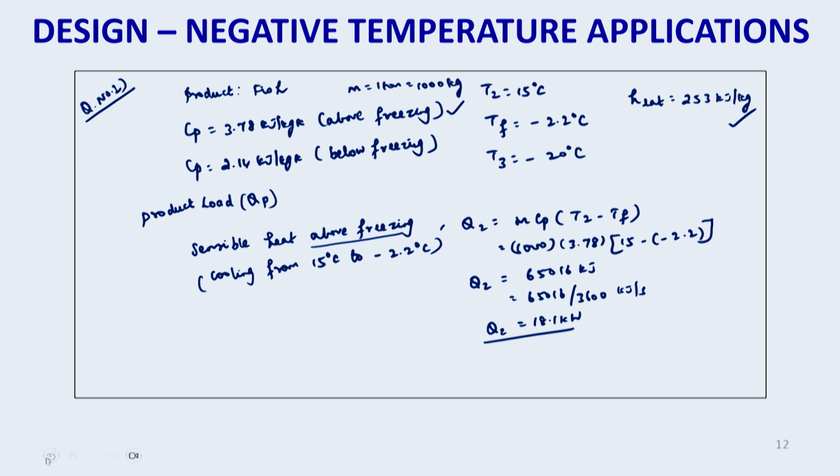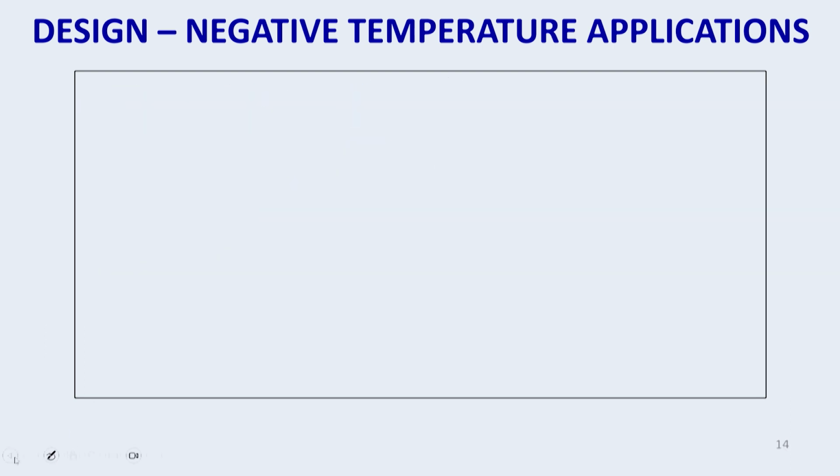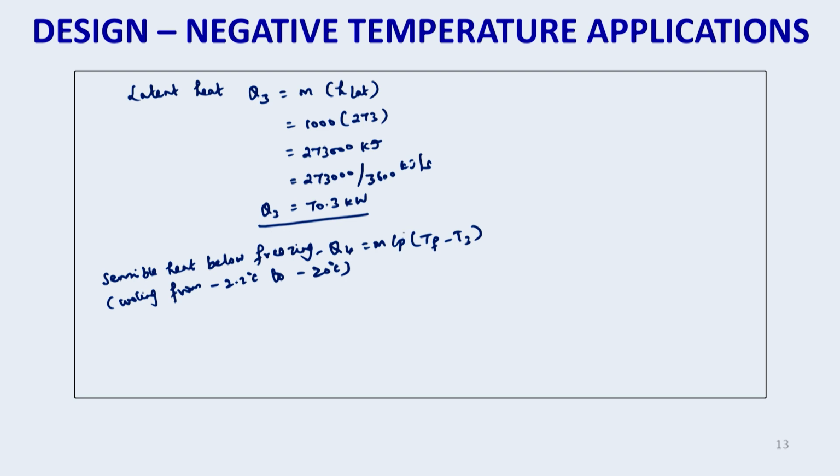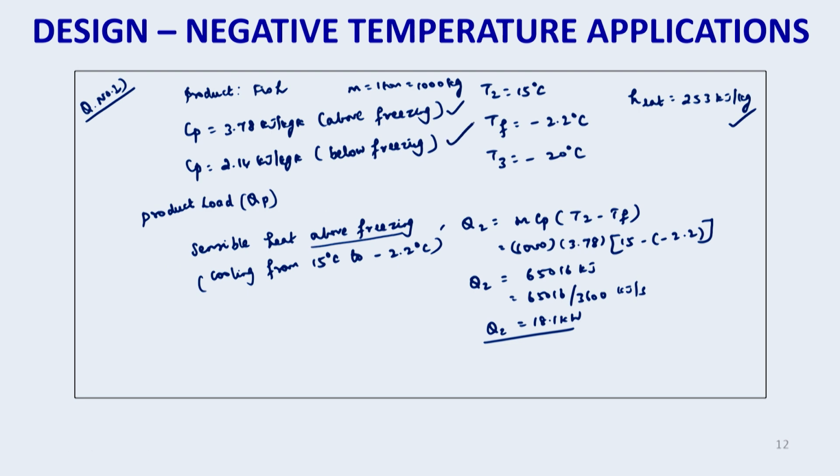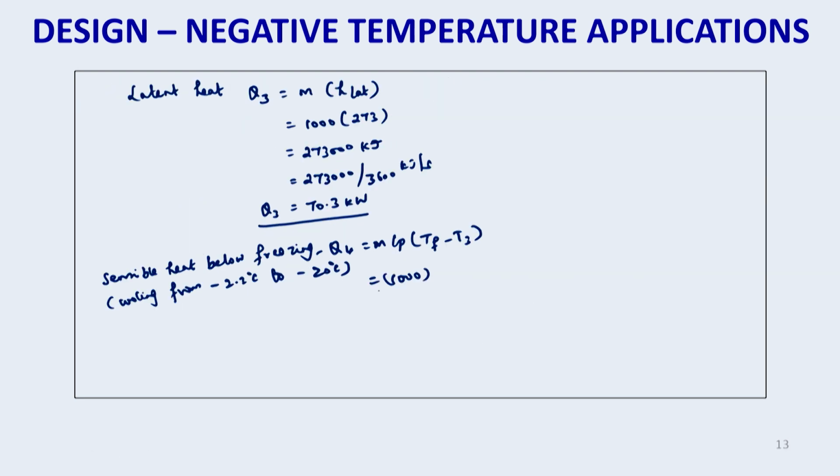So here the CP value should be substituted for below freezing. This value to be substituted, 2.14, into TF, which is minus 2.2, minus of minus 20. So when we calculate, this is Q4.